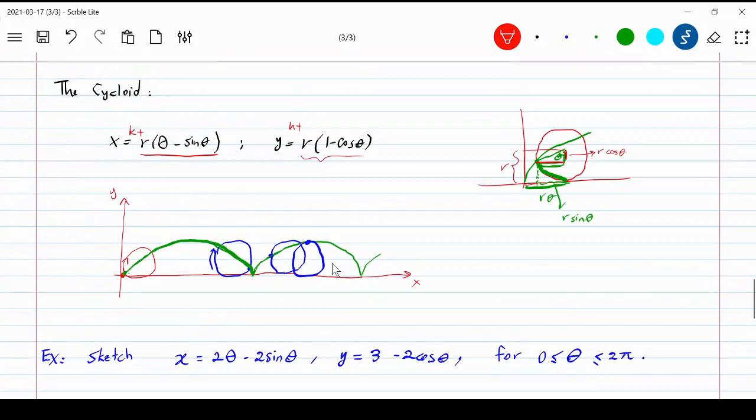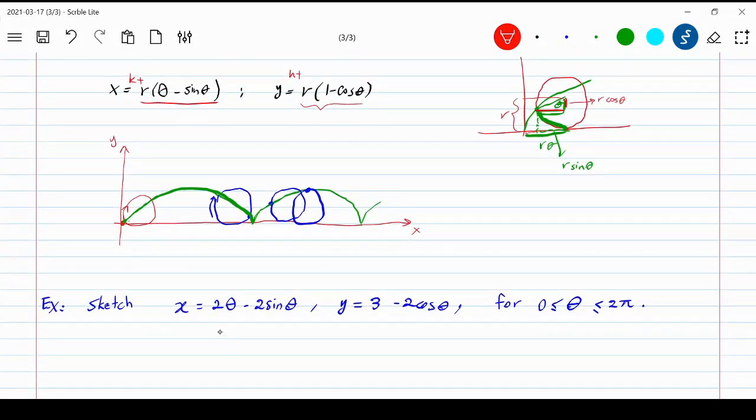Just to see it, let's try to compare. If you are asked to sketch this curve, you notice that the structure is similar to what we have here. This x could be written as 2 times theta minus sine theta. And y, if you compare these two, the radius is 2, and y would be 1 plus 2 times 1 minus cosine theta.